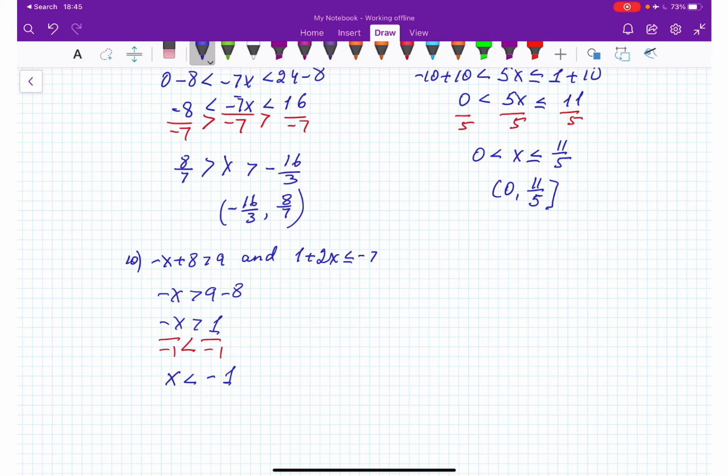Now, next one, it's going to be 2x less equal negative 7 minus 1. 2x less equal negative 8. And when we divide by 2, we are getting x is less equal negative 4.